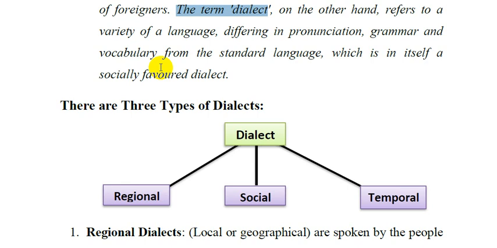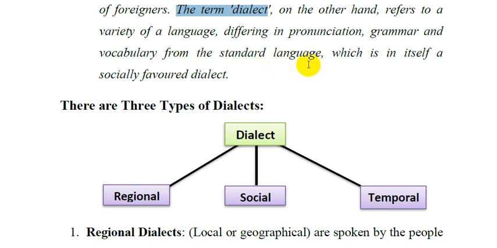Maybe in some dialect there is use of a certain vocabulary, but in another dialect, of course, there is a difference. So this is what we mean by using vocabulary from the standard language.